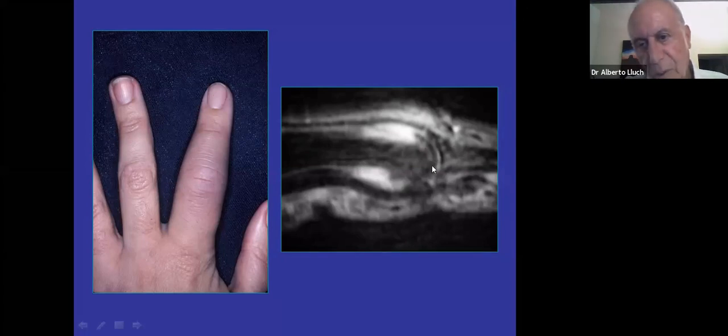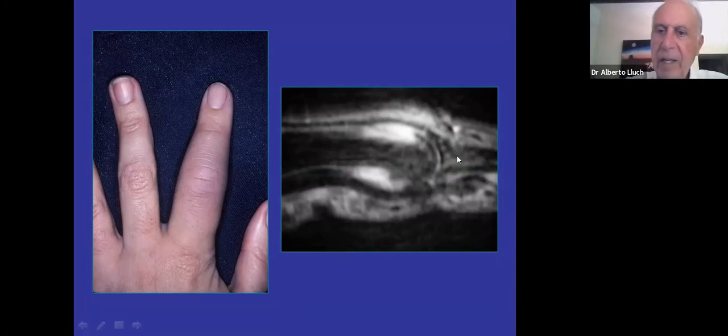This is the subchondral bone of the head of the proximal phalanx, and this is the base of the middle phalanx. As you can see, the extensor tendon, the central slip, this is a sagittal cut. We can see it inserting into the middle phalanx. Here will be the flexor tendons. So here we can see that the central slip is intact.